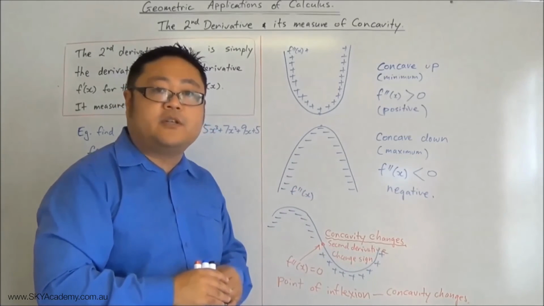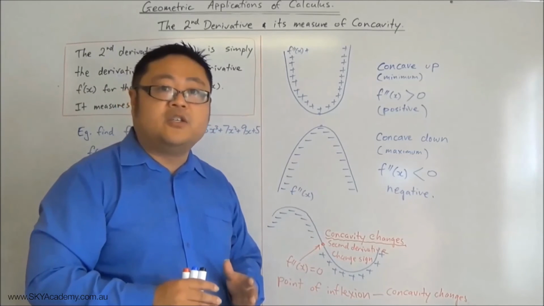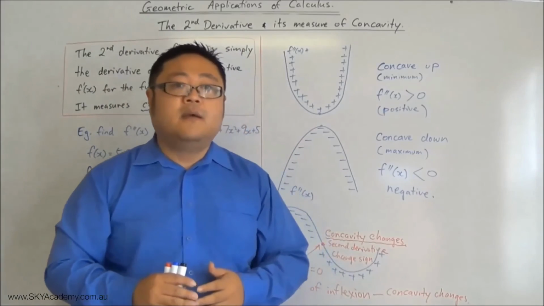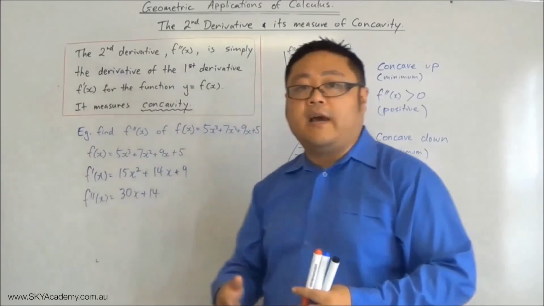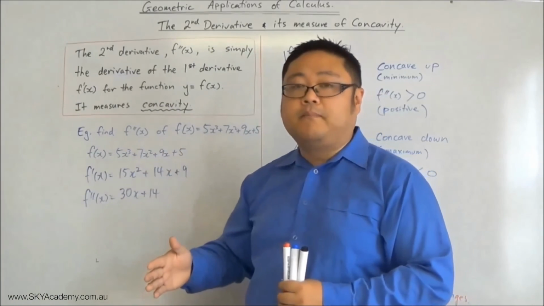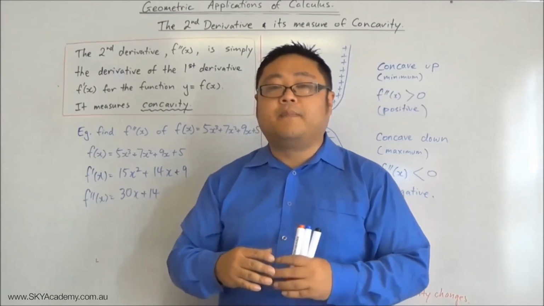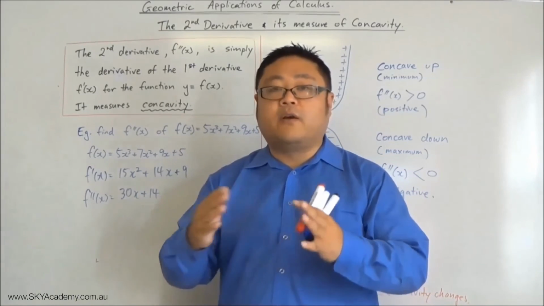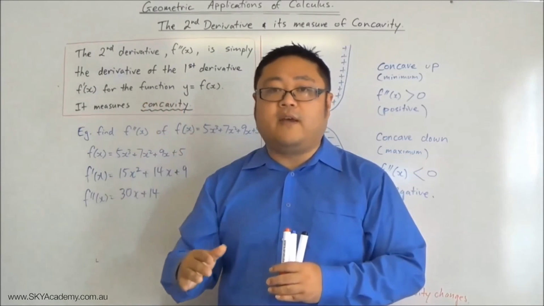All that needs to occur is for the concavity to change. This will come in very handy because it gives us another way of working out maximum and minimum, or determining the nature of a stationary point, by working out where the concavity is changing and whether it's concave up or concave down.